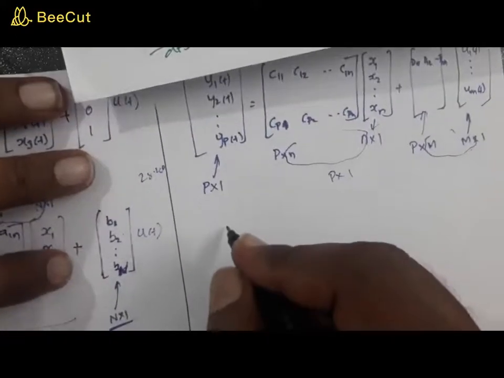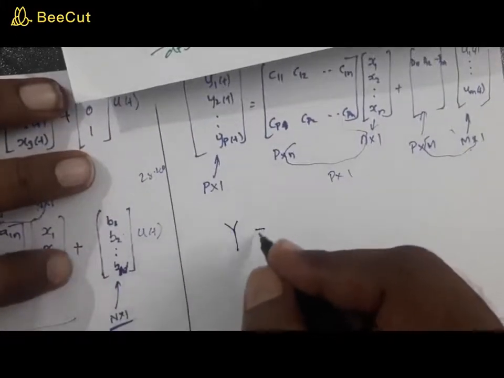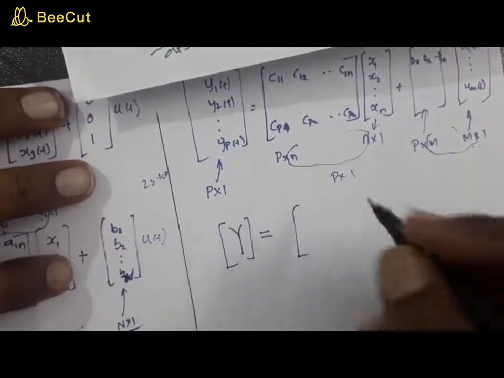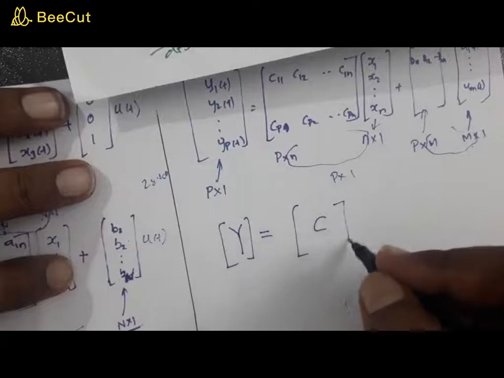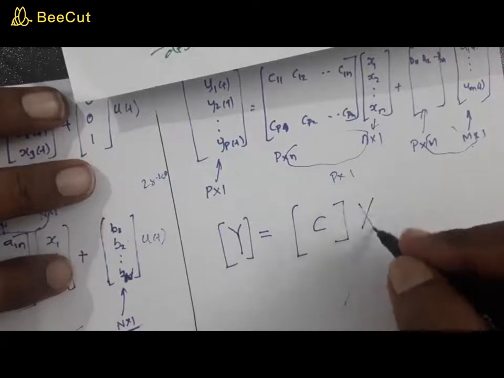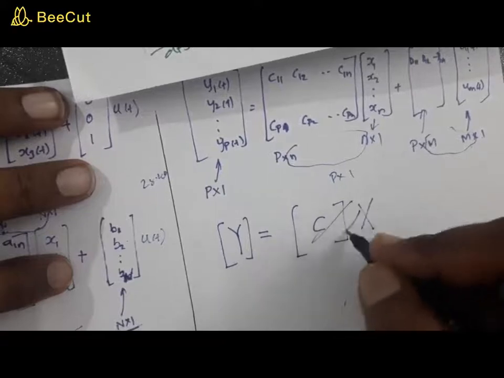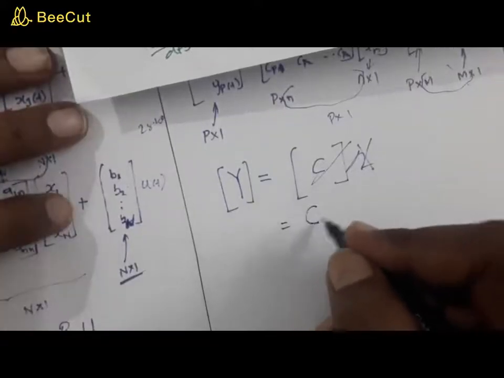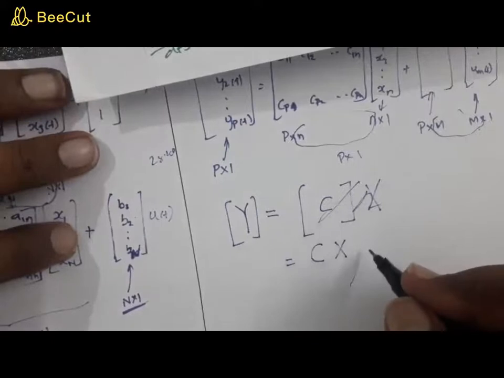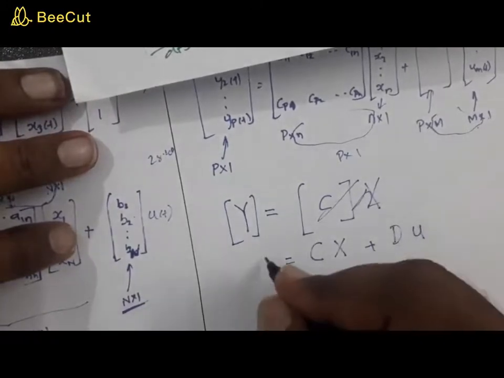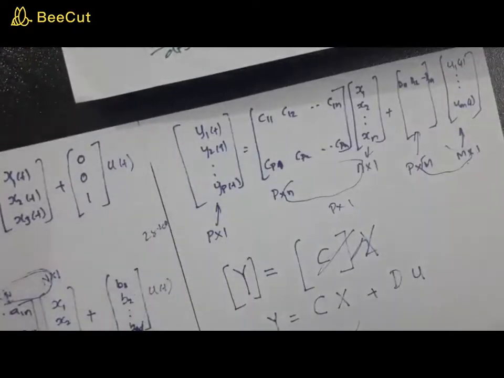So you can finally arrive at a matrix equation as the output equation: the Y matrix is equal to a C matrix into X, plus capital D into U. So Y is equal to CX plus DU.